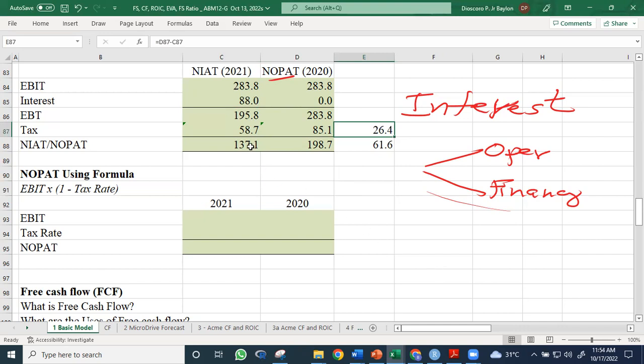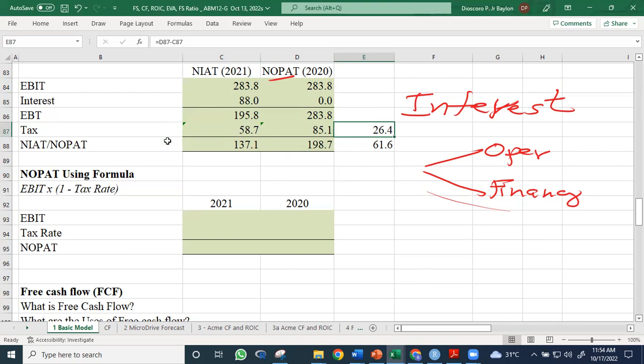Ano nangyari? Nagkaroon ng tax savings, no? Ang tax savings natin, comparing sa umutang at saka sa hindi umutang, ang tax savings is 26.4. Okay? That's why yung net natin na difference sa NOPAT at saka sa NIAT is 88 minus 26.4, giving us 61.6. Okay?